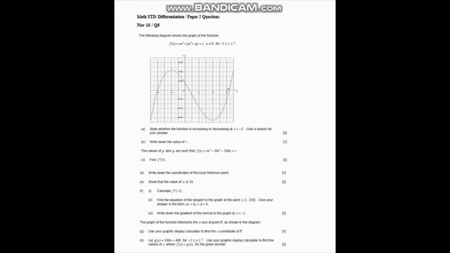Finally, I'm told let g of x equals 100x plus 400 for this domain. Use your GDC to find the values of x where f of x equals g of x. So f of x equals g of x as an equation means the intersection points between f of x and g of x. So I need to first sketch g of x within this given window.